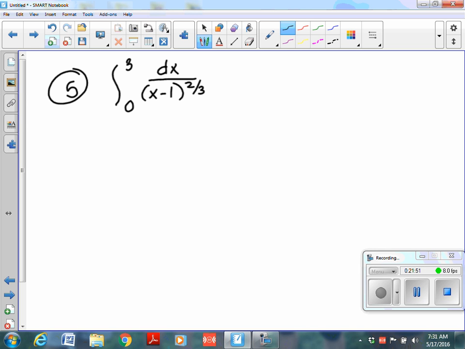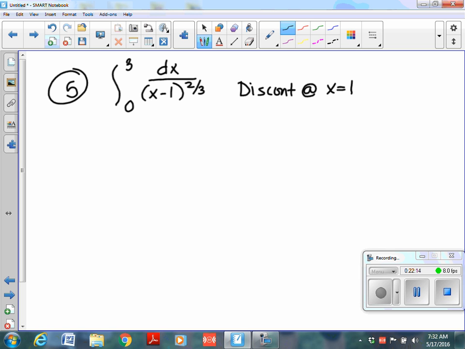Okay, now it's getting harder, and as you can see, if you graph this, it's discontinuous at x equals 1. So what do you do with discontinuity? So we need to go over improper integrals with infinite discontinuity.